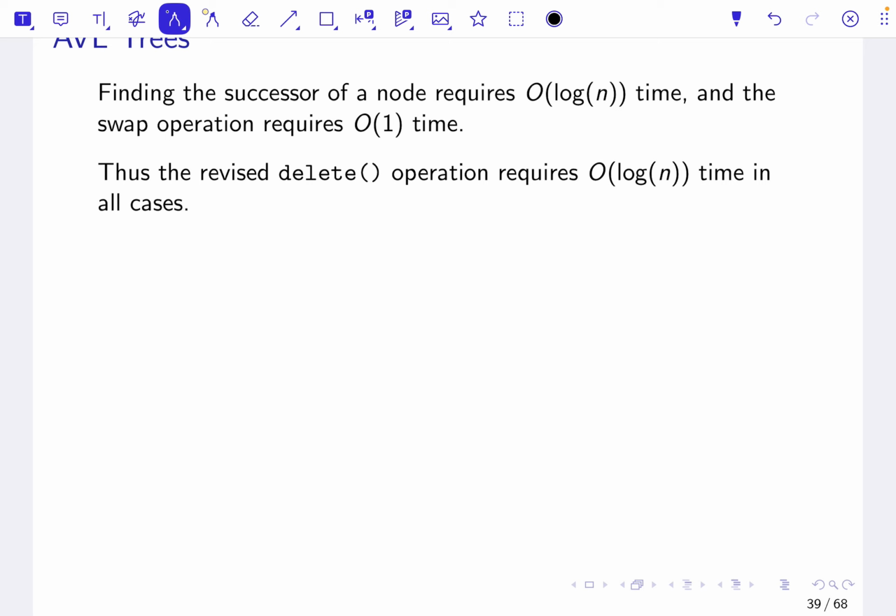So I think this slide isn't wrong. Doing the log n successor finding operation and then doing log n rebalancing operations, we'll still end up with log n time overall. So the slide's right. It's just missing details. I'd probably deduct like half a mark from it if I saw this, or if the markers saw this. They would deduct it.